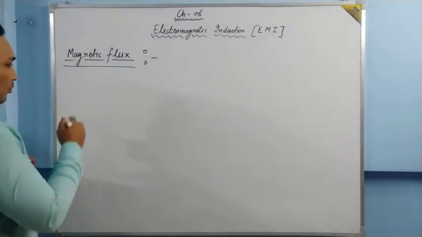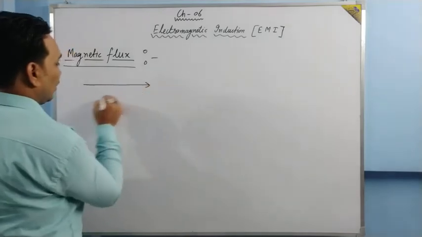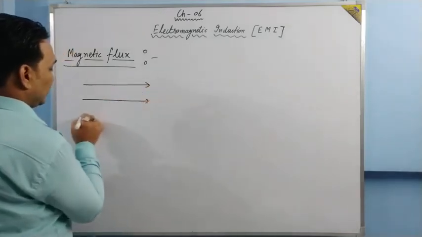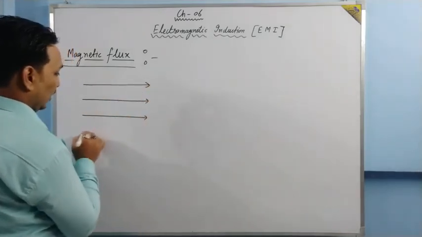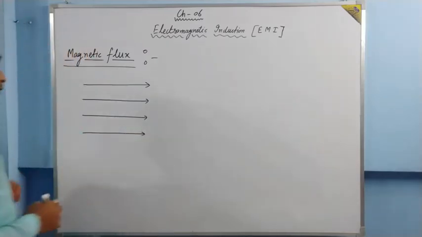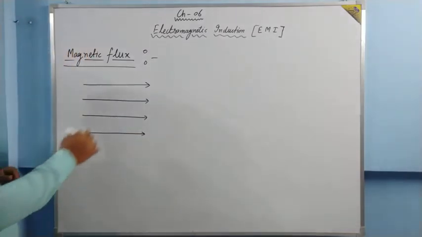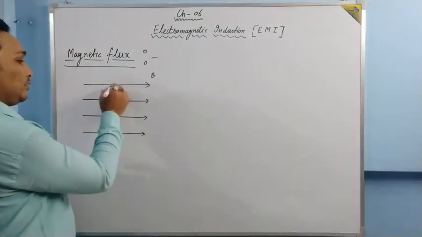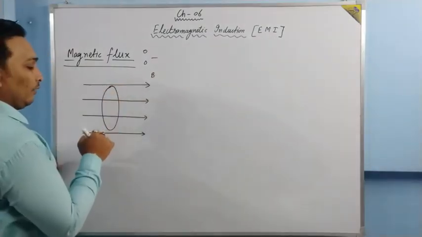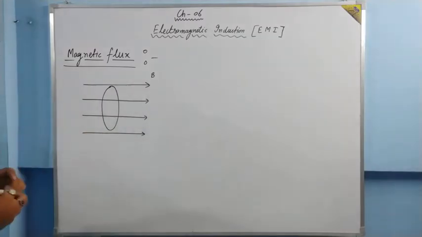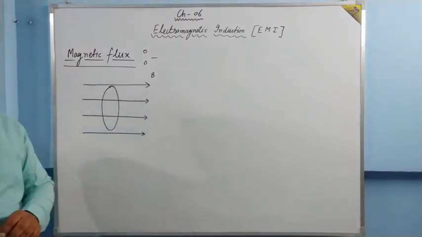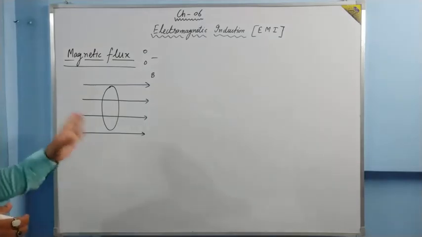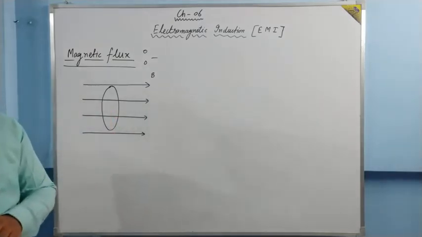We studied about magnetic field lines, right? What are magnetic field lines? In the last chapter, the fourth chapter. Suppose this is a magnetic field B and a planar area is placed in the magnetic field. What is the amount of magnetic field that passes through its area? That very amount of magnetic field which passes through the area is called magnetic flux.